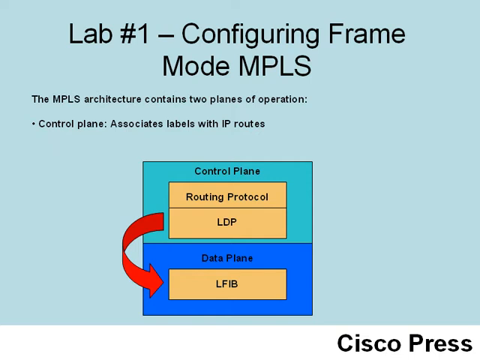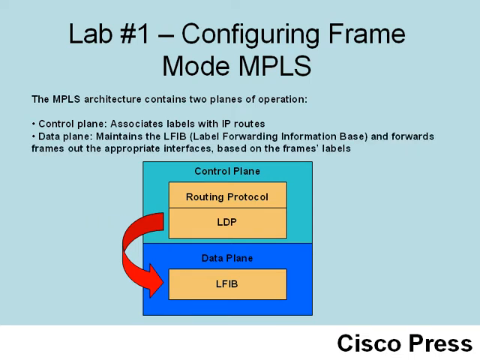Well, this LFIB is very similar to a CEF FIB table. In fact, CEF is going to be required in order to use MPLS. This LFIB resides at the data plane, and the data plane maintains this LFIB and forwards frames out of appropriate interfaces based on the labels contained inside of those frames.